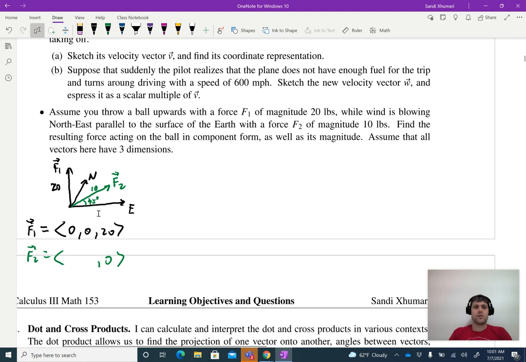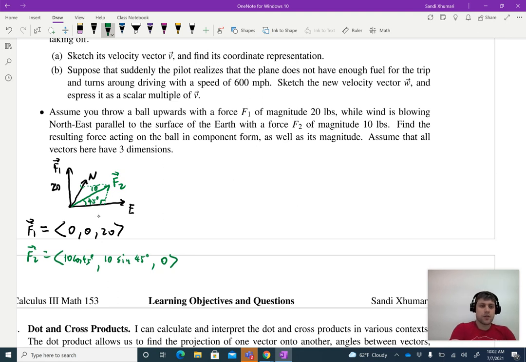This is a 45-degree angle, so projecting here on the x-axis, which is the east direction, and the y direction, this is a right triangle, so 10 times cosine 45 would be the x, and 10 times sine 45 would be the y, and 0 is the height.